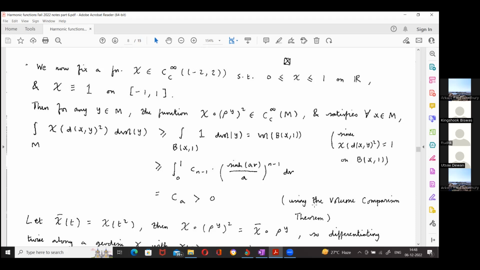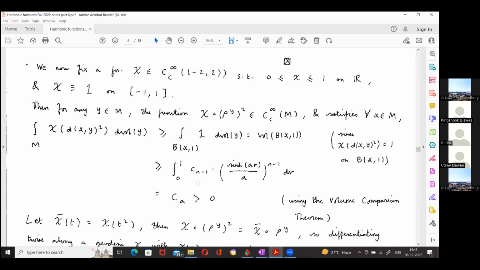So that is the volume of the ball of radius 1. And by the volume comparison theorem, since the curvature is bounded above by minus a squared, the volume of this ball of radius 1 is greater than or equal to, remember the volume of balls you get by integrating the volume of spheres from 0 to 1.